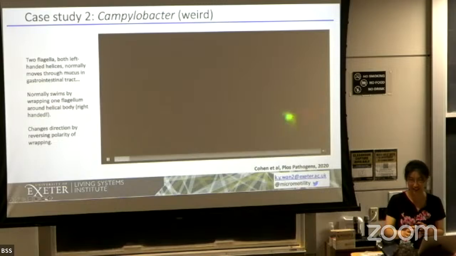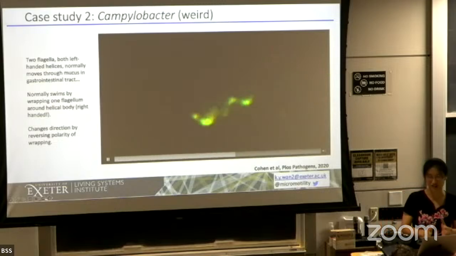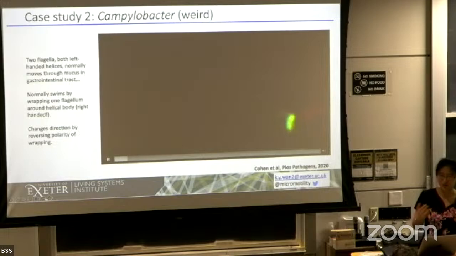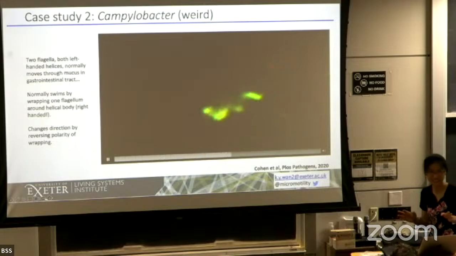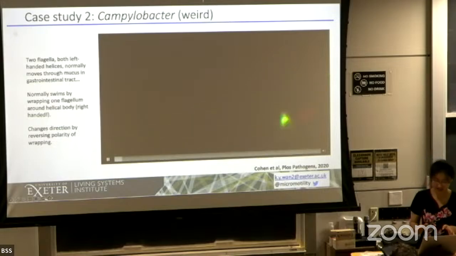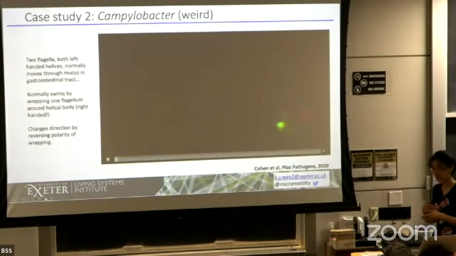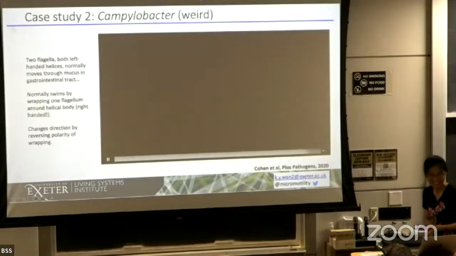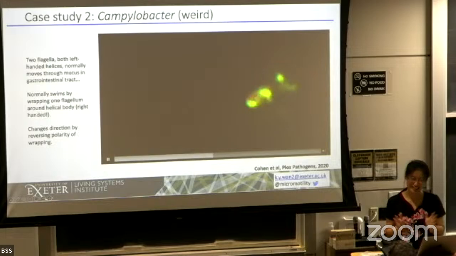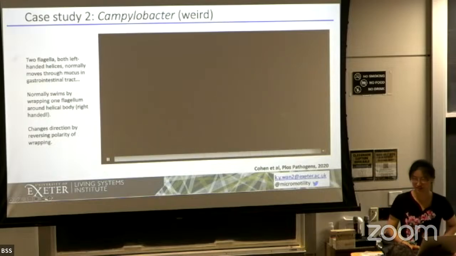Does it help the cell to turn? I don't work on bacteria, so maybe there are people that know the answer. But I think people have studied at least the effect of the number of flagella on the speed of swimming, and I don't remember what they found. But it's an experiment that is feasible.